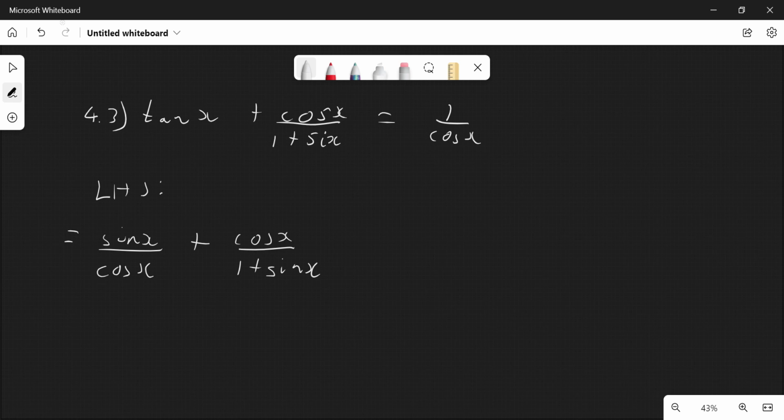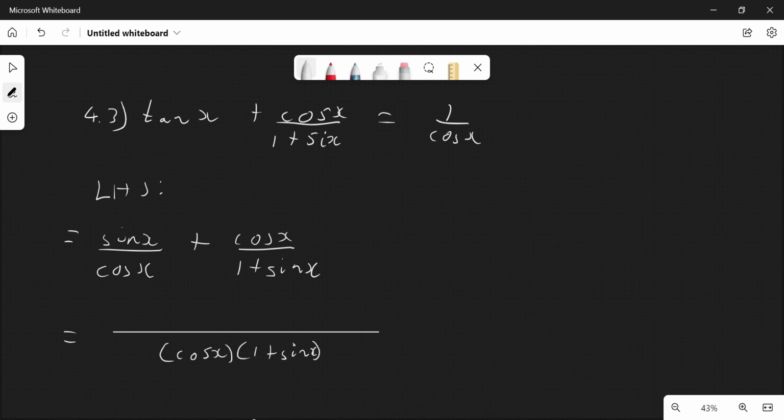Alright, our LCD is cos x times 1 plus sine x.